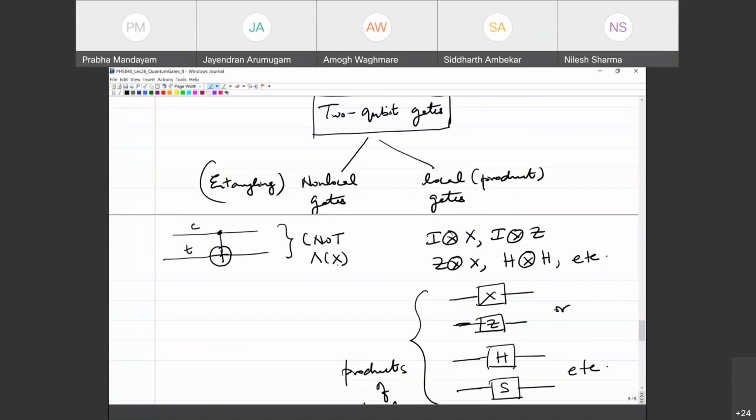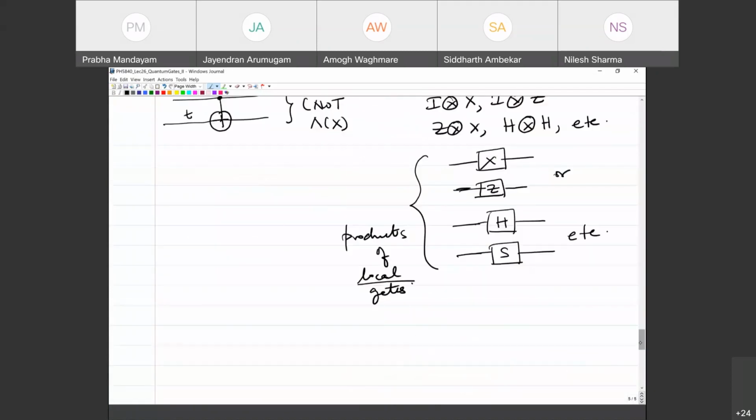There are several such controlled gates that one could consider. For example, you can now think of a CZ gate. The CZ is a controlled Z gate. So what does it do?